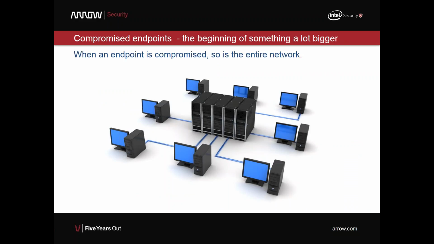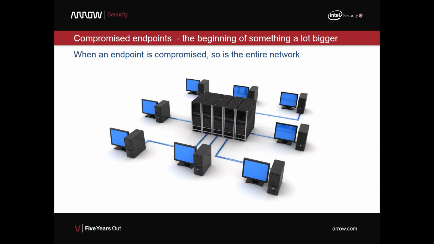So once you've got one compromised endpoint in your environment, it's not going to take long before the rest of the environment is compromised. And not only endpoints, but servers. Because users these days have far reach into data centers. It's no longer the case that you have an endpoint and everything is installed on your endpoint. You can have virtual applications, virtual desktops that are running in your data centers.